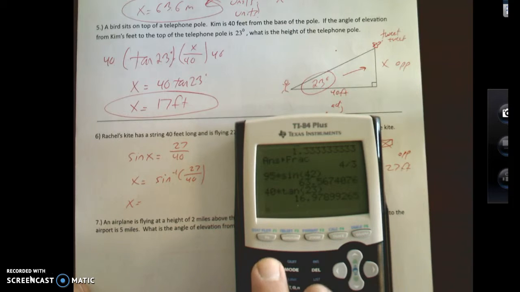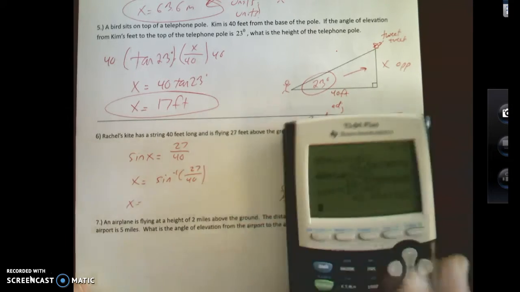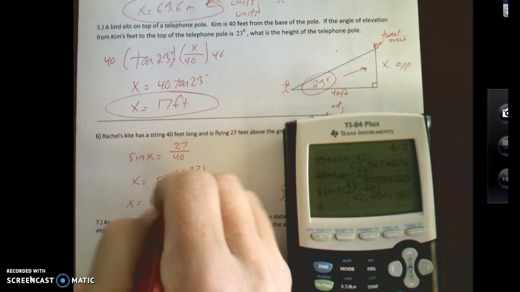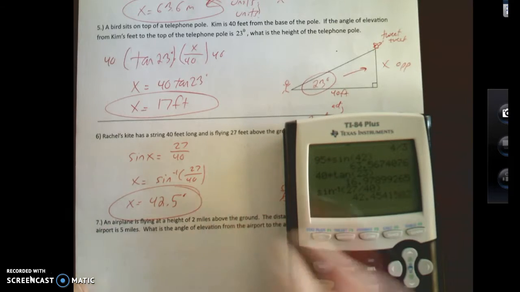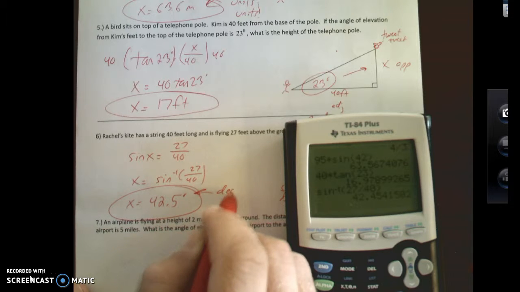So this is second sine. 42.5 degrees. And again, it's an angle, so don't forget units. Degrees.